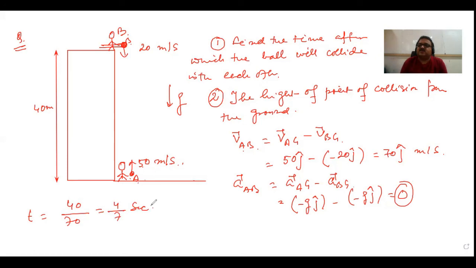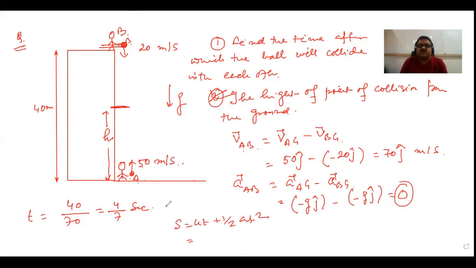So simple. Now, the second part of the question is the height of the point of collision from the ground. Suppose this is the height at which collision occurs. I don't know the value of the height, so let me write this as h. Applying the formula, h is equal to ut plus half at square.